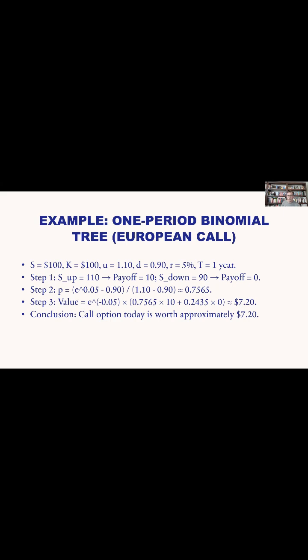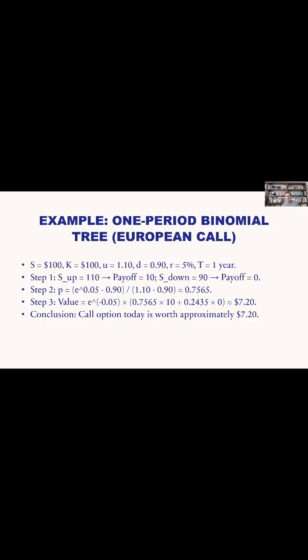So step one is to calculate what the prices are going to be in the future based on U and D. As you can see, if I take 100 and multiply it by 1.1, it's going to be up to 110. Based on that, if 110 is my price in the future, and I have a strike price of 100, and we're looking at call options in this case, not put options, then the payoff on the call option is going to be $10.